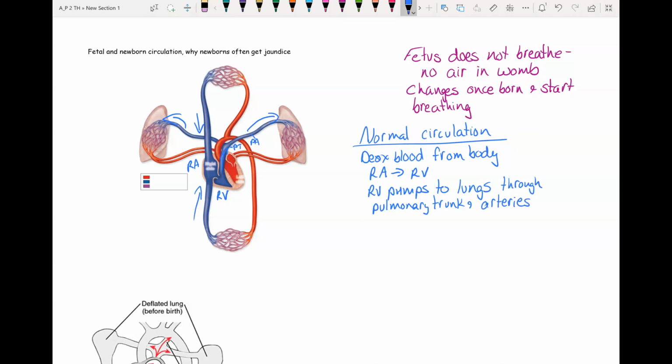Then that blood picks up oxygen. Now we have oxygenated blood goes to the left side of the heart. It's going to go to the left atrium and then the left ventricle. And the left ventricle pumps that blood into the aorta.